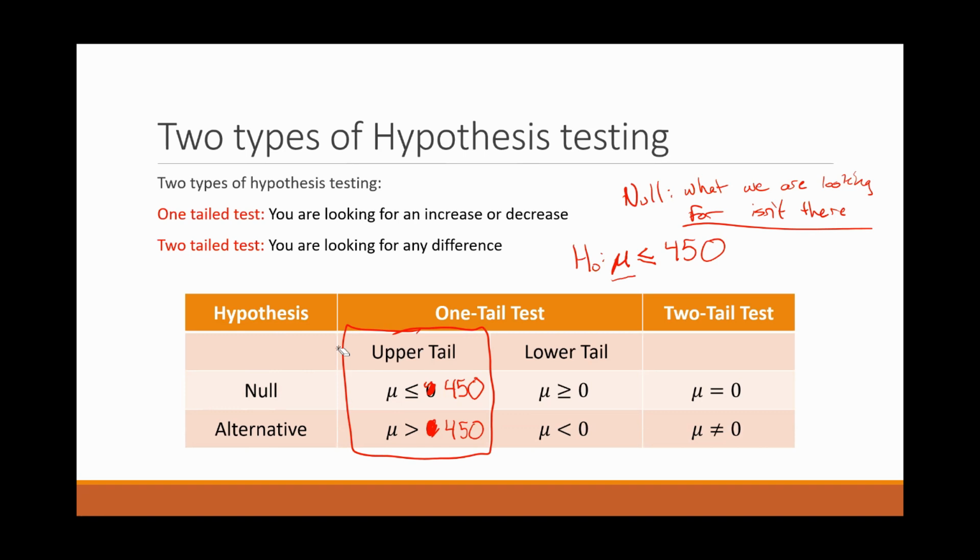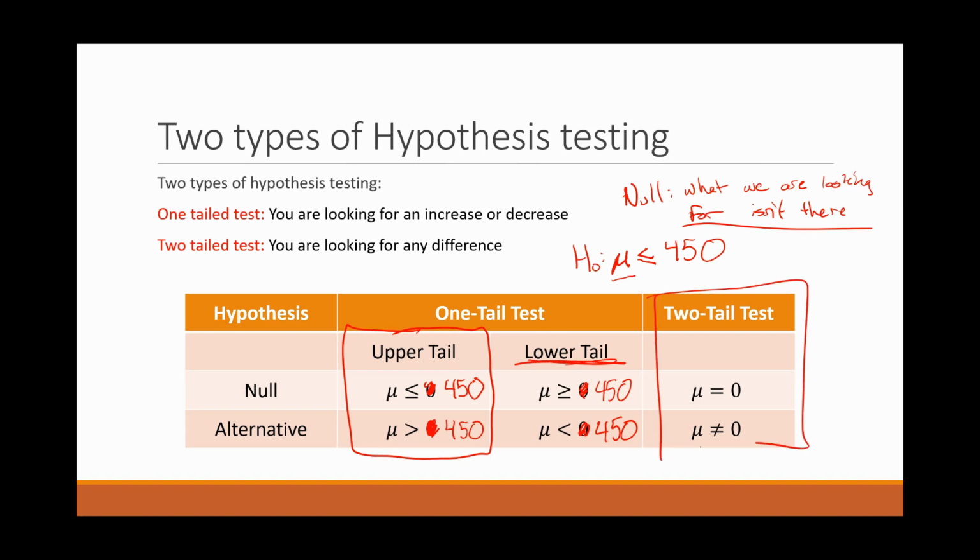Now, if the research question was, do school lunch programs decrease test scores? Then we would do a lower tail test, and we would set up the hypotheses in the exact opposite way. If the research question was, does a school lunch program affect test scores in any direction, either increase or decrease them? Is there any difference?